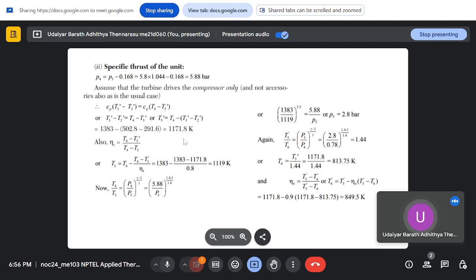I need to find out this isentropic temperature to find out the pressure ratio across the turbine. So I know the inlet pressure to the turbine, and I have to find out the exit pressure. So for that I need the temperature. Then I can assume that it's an isentropic process and I can estimate the pressure at the exit.